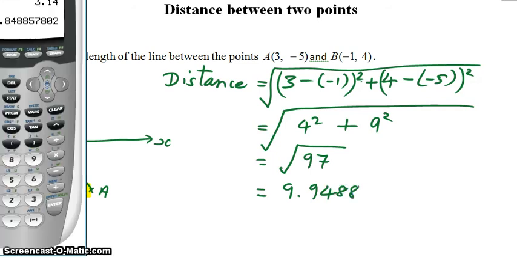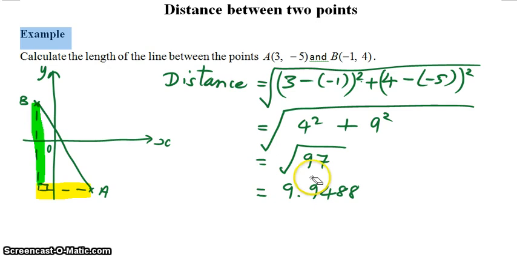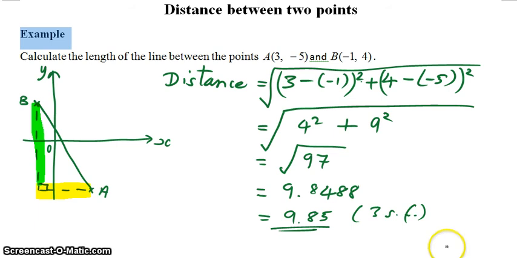Let me just check that. 8488, my apologies. 8488, which is 9.85 if we round that to 3 significant figures, and that's the distance between those 2 points. That's done and finished.